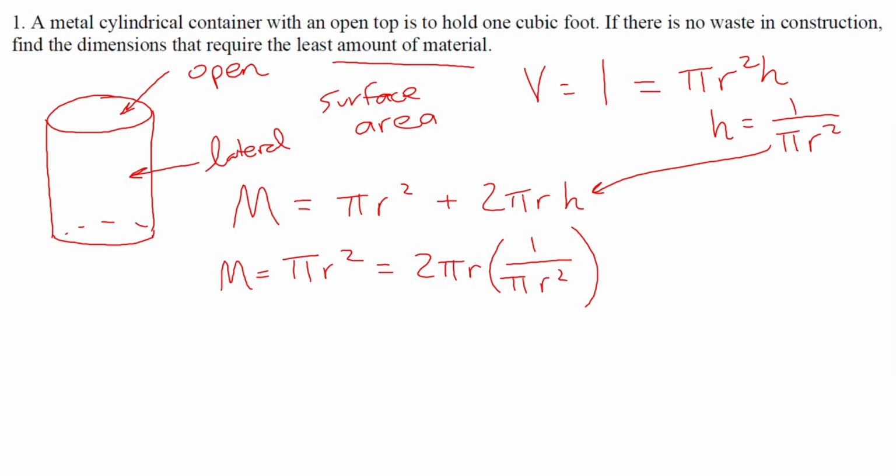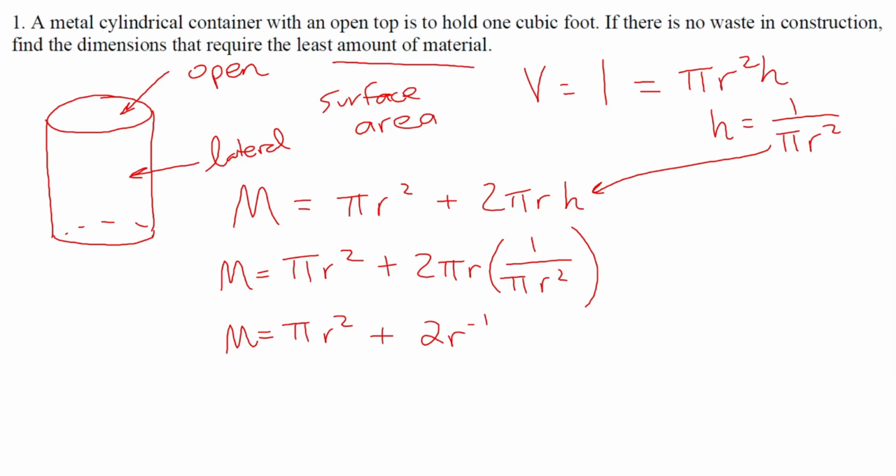So our material, once simplified, should look like pi r squared plus the 2 that's going to be in the numerator, and then the pi's are going to cancel, and I have r over r squared. Well, r over r squared is r to the negative 1. So here is an equation that represents the material used.